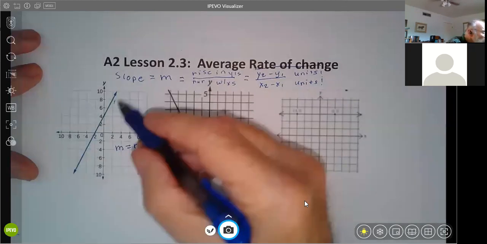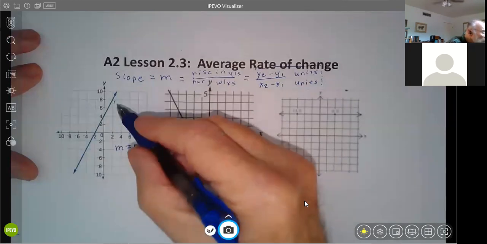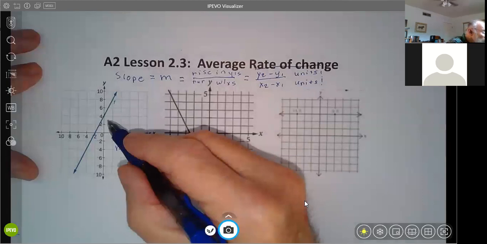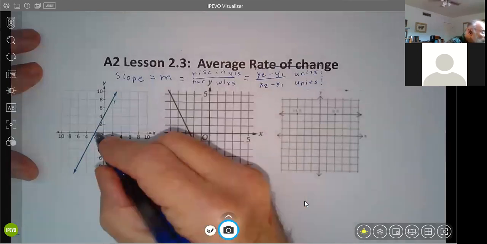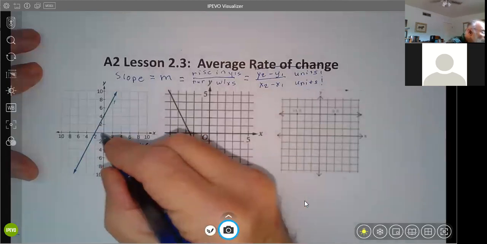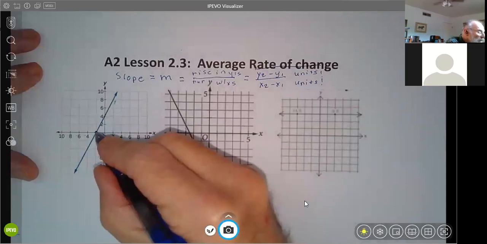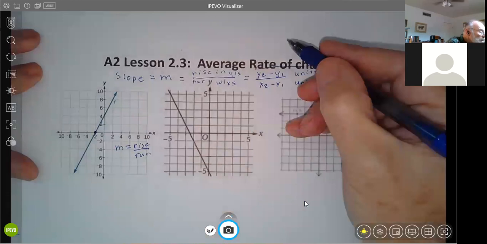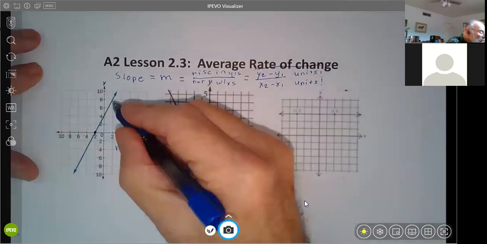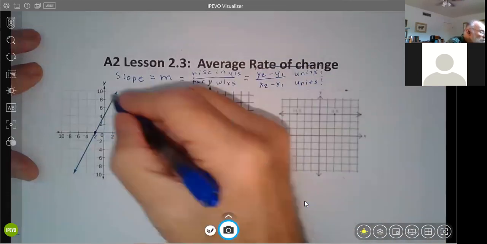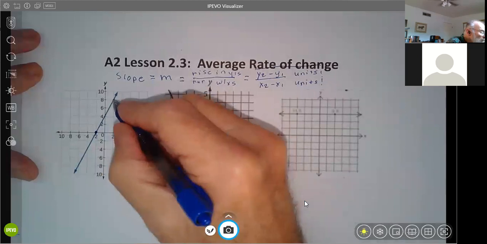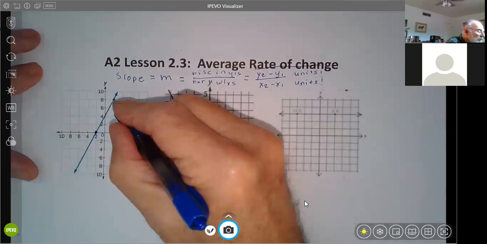We just need to find any points that actually are convenient to graph. So if I look over here, I notice that this line goes through where x is -2 and y is 0. So I've got a point right here that I can use. And I also notice that up here, I've got that x goes through 2 while y goes through 8. So I've got a point up here.